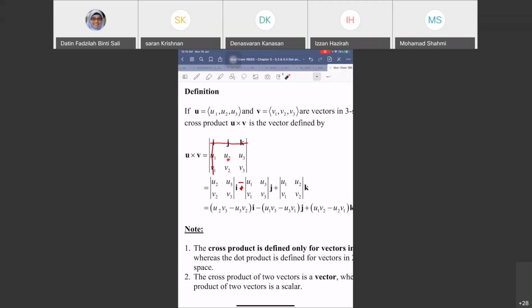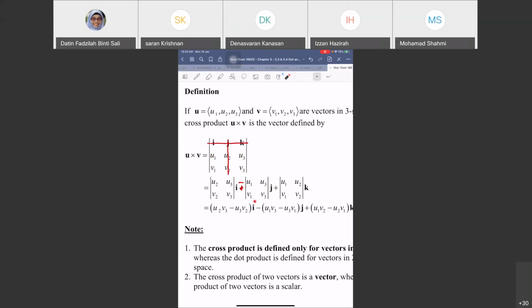That is u2, u3, v2, v3, for i, and then this is minus. For the j vector, you cover the first row and the second column, so you have u1, u3, v1, v3.